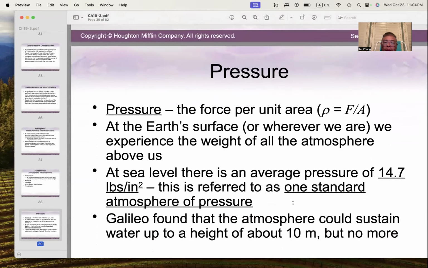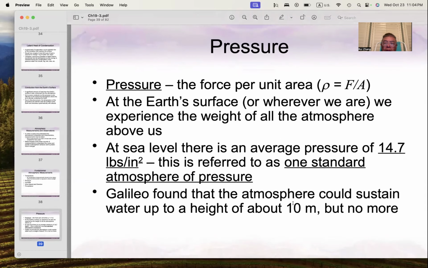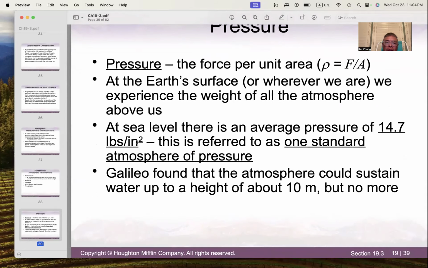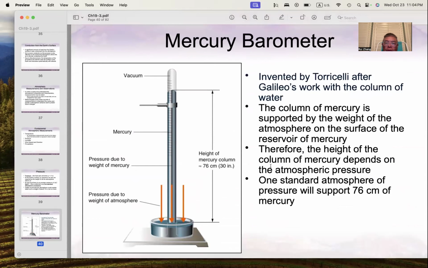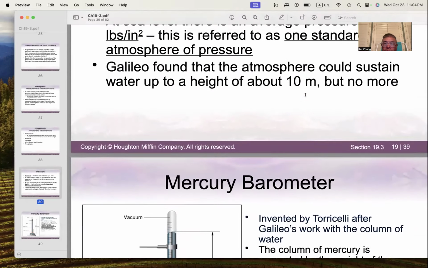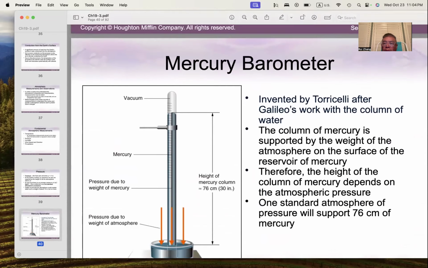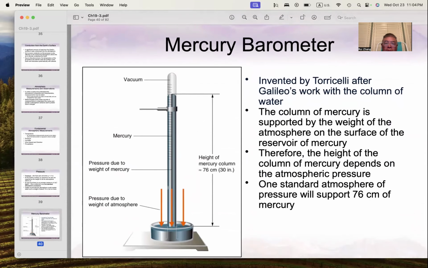On the surface of the Earth, what we call the pressure of the air is one standard atmosphere. If you use the unit of pounds per square inch, it is 14.7. Another very commonly used unit is mercury height: the pressure of the atmosphere can support about 76 centimeters of mercury.